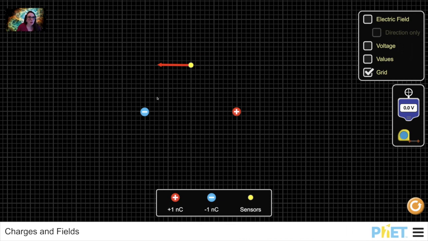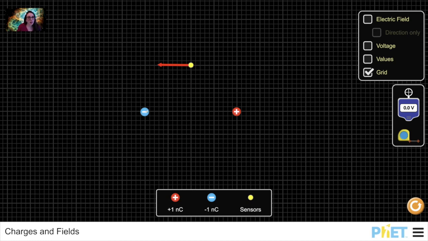Well, remember that our electric field vectors point toward a negative charge and away from a positive charge. So at this point right here, I've got my electric field from my positive charge that's moving off in this direction. Because of my negative charge here, the electric field wants to point toward my negative charge.